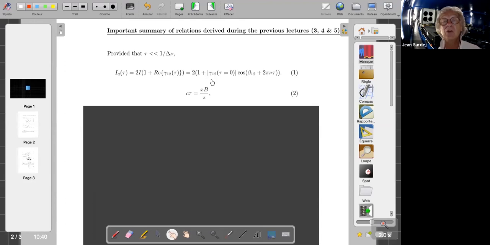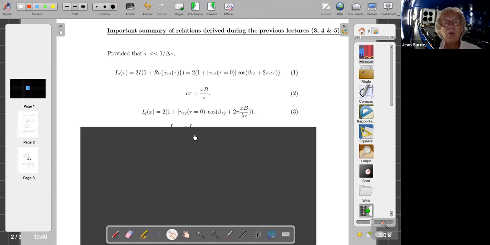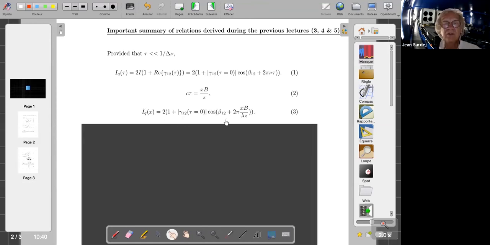So we see a very important quantity, which is the module of the complex degree of mutual coherence. This is a distribution you obtain as a function of the abscissa x.